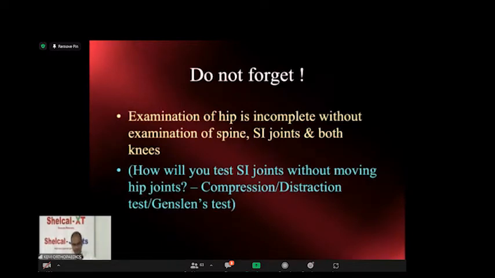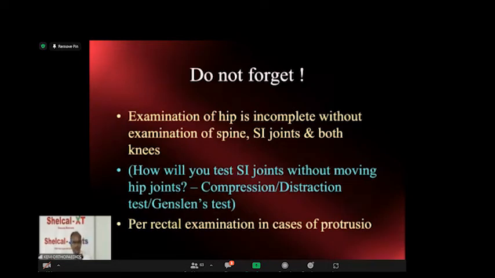There you can get pain. And per rectal examination in case of protrusio. You never do per rectal examination during the examination, of course. But if you are suspecting protrusio, then you can tell the examiner, at least when they ask, that I'll do a per rectal examination. Sometimes it is asked.